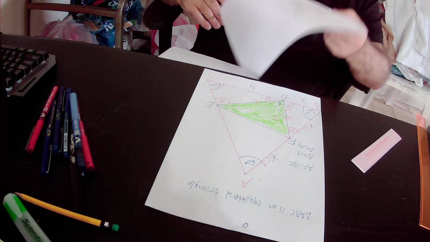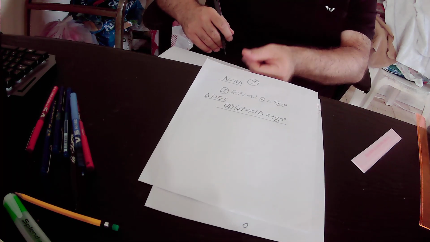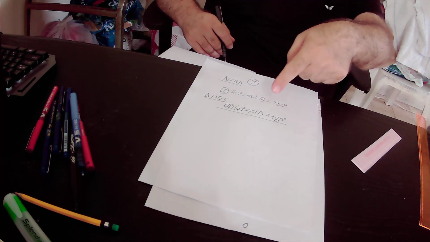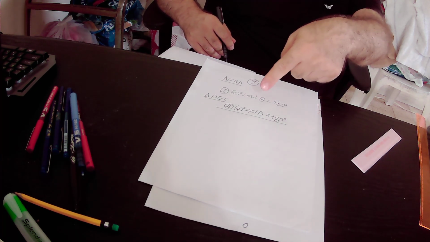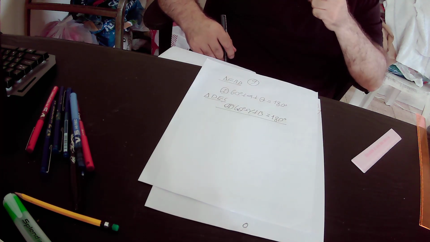So equation number 1 states that the sum of the angles in triangle DC equals 180 degrees. Okay, 60 degrees plus gamma plus beta equals 180 degrees.